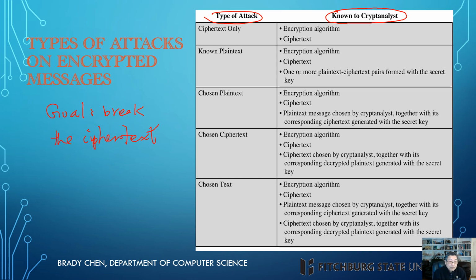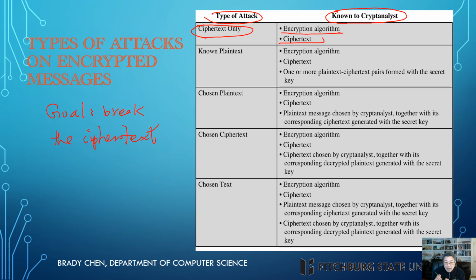The most difficult case is the first case, ciphertext only. The cryptanalyst has no additional information besides the encryption algorithm and the ciphertext. That means the only known information is the encryption algorithm.